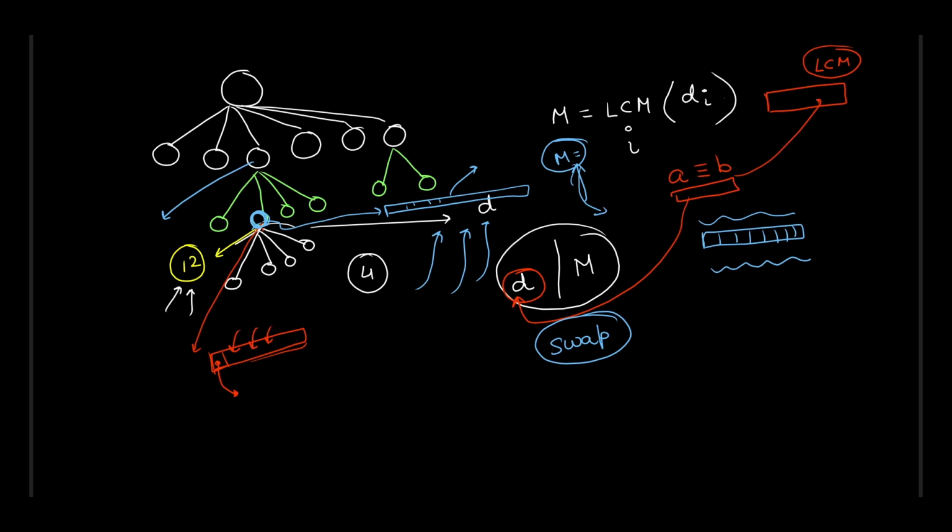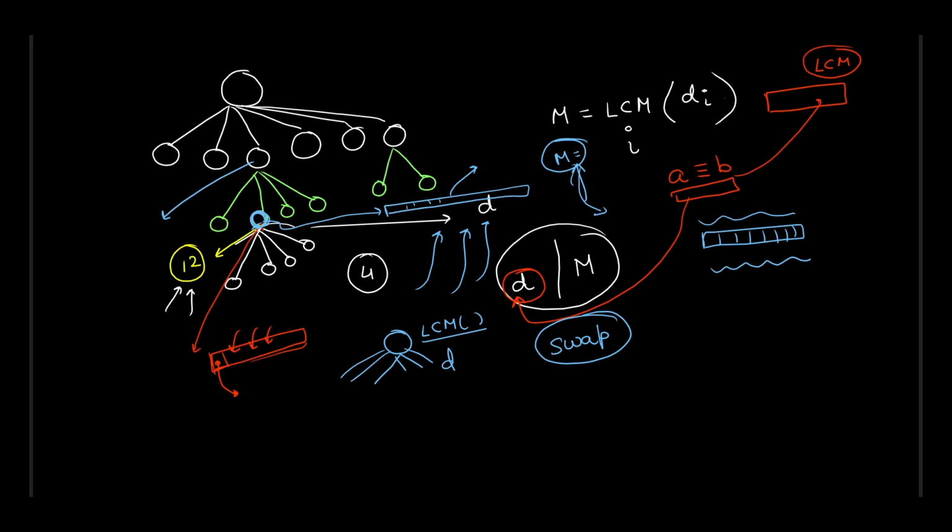Okay, this looks like it would help, but here we are relying on how lucky we could get. We are only relying on the fact that the number of children should divide the LCM.